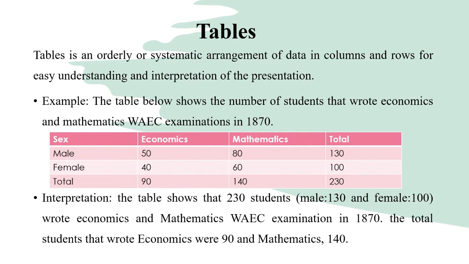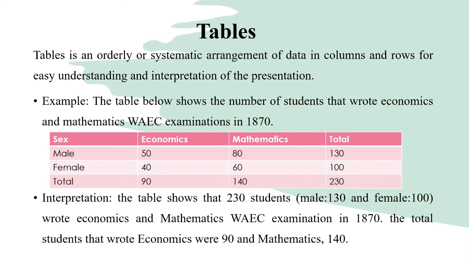So the table shows that a total of 230 students wrote the WAEC examination in 1870. And out of the 230 students, 130 were male and 100 were female.